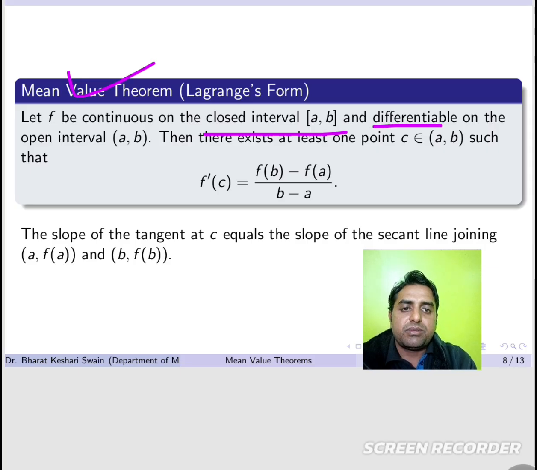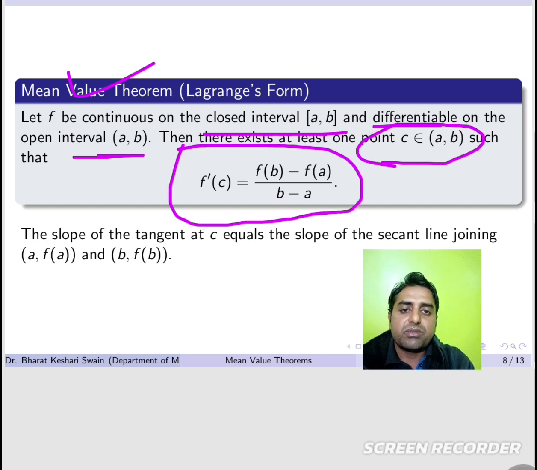Next, differentiable on the open interval (a, b). Then there exists at least one point c such that f dash c equals f of b minus f of a divided by b minus a. In the case of Rolle's theorem, f dash c equals 0, but here it will be f of b minus f of a divided by b minus a.